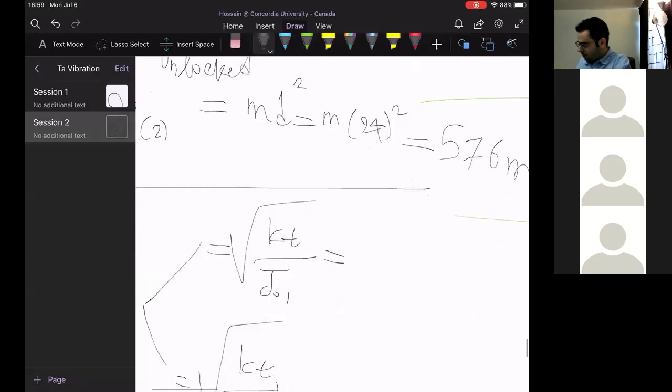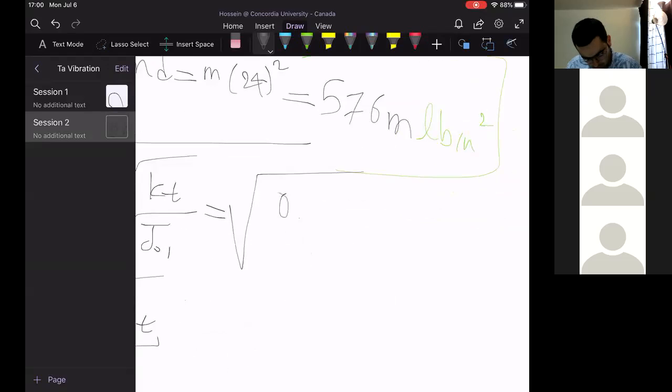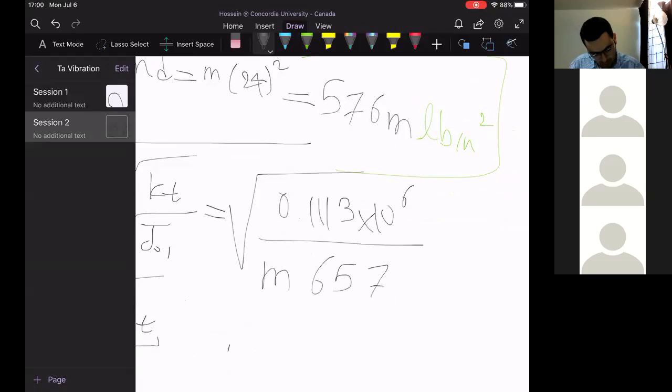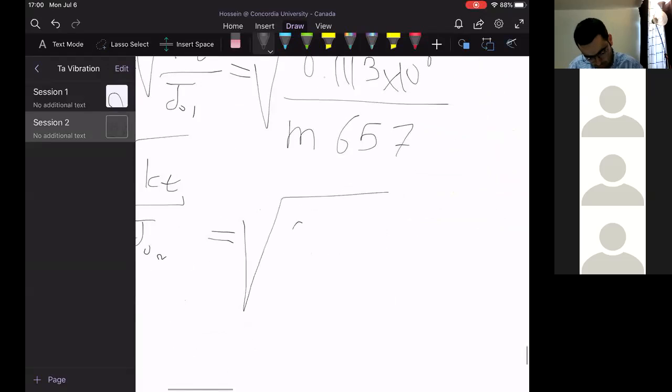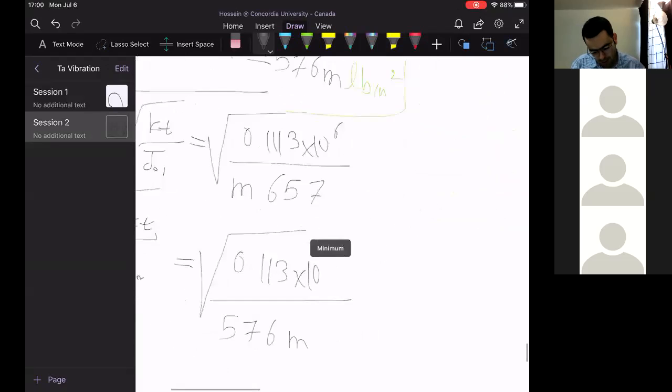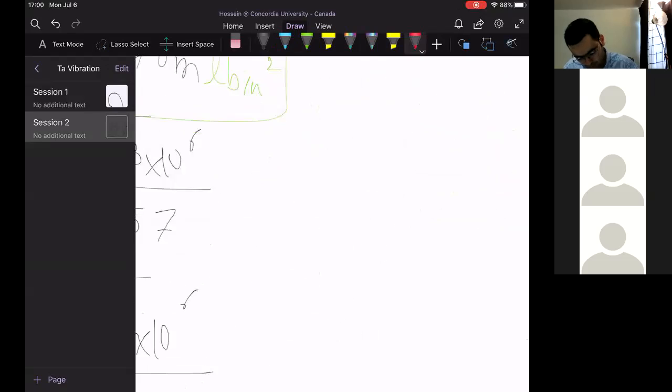So K T was calculated as 0.1113 multiplied by 10 to the power 6 over M 657, and for the second case it is equal to 0.113 10 to the power 6 over 576 multiplied by M. And M, the mass, is nothing but weight over g.